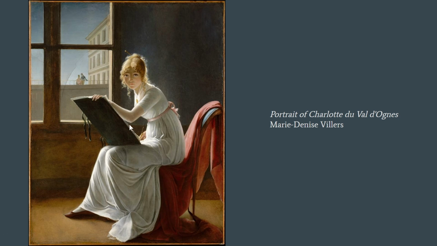If you look at this figure, she's kind of lit up, right? She has this halo of light. It's as if she's a holy figure. Very light against a darker background.